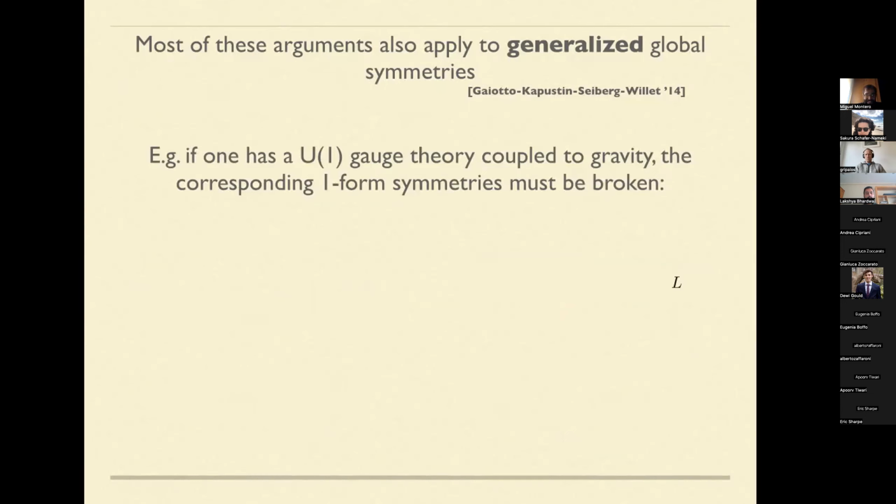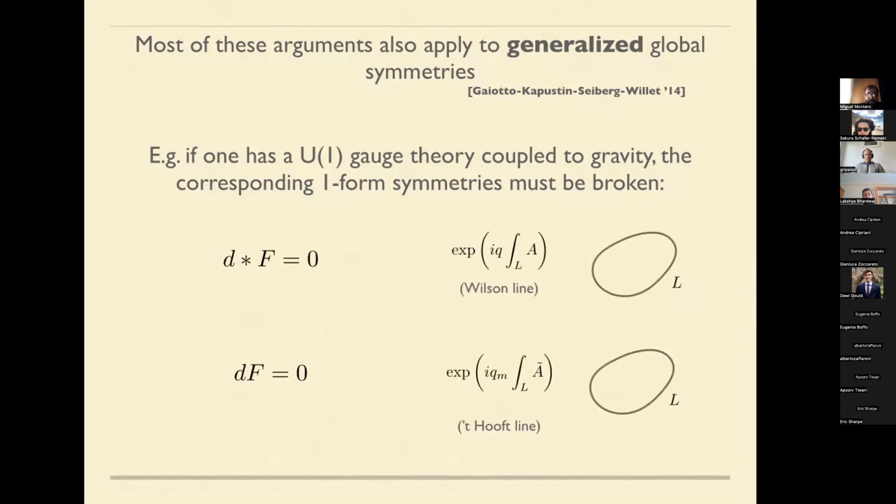And in this particular case, the principle in a sense becomes more powerful because you can use it to predict the existence of objects in the theory. So for instance, imagine that you have just Maxwell theory. You have an effective field theory Lagrangian, which is just Maxwell coupled to gravity. Maxwell theory has a Bianchi identity and an equation of motion, which are precisely the conserved currents for two one-form symmetries.